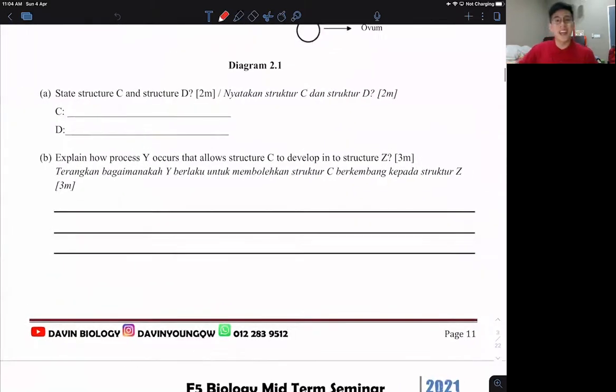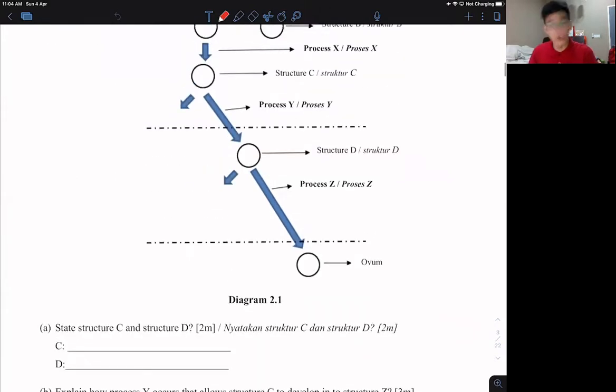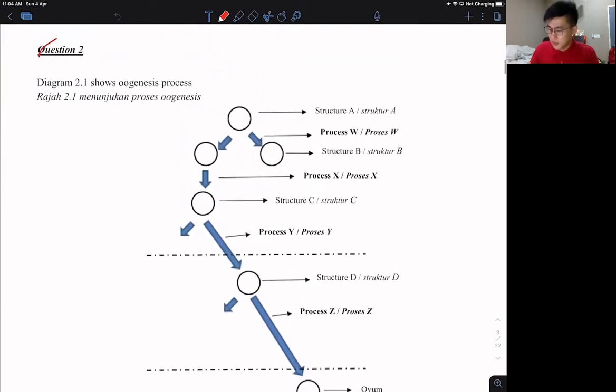State structure C and structure D. Look at the diagram: you have structures A, B, C, D, all the way until the ovum, so label them yourself first. C and D are the structures. Remember P, O, P, S. So C, what do we call that?